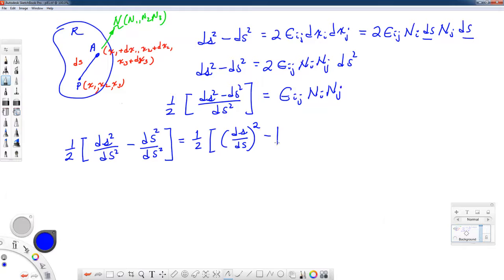And then obviously what's left on the second term is just 1. And over here on the right-hand side, I have epsilon ij ni nj. Well, this term that we have right here has a special name our book likes to use. Not everybody uses this, but it's going to be convenient for us to base our discussions on strain with. And this term is called the magnification factor.